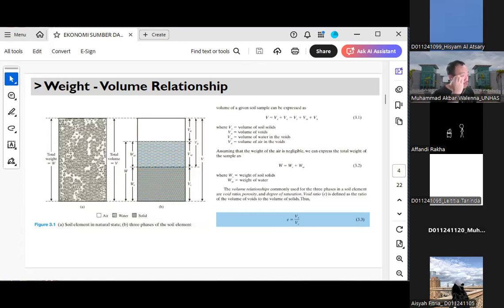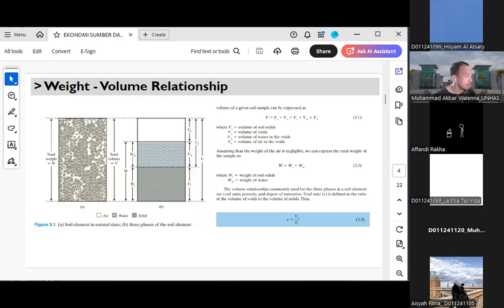So the next one that I'm going to explain is about the weight. Okay? So air has almost no weight, so it doesn't carry any weight. So for air, you can just ignore. But that means that what is left is that the total weight of soil sample, which we call W or weight, only comes from two elements, the weight of solids and the weight of water.